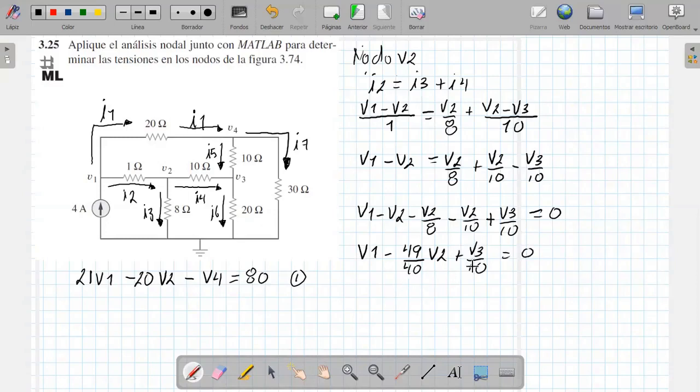Equal to 0. I'm going to multiply by 40 to eliminate that denominator.